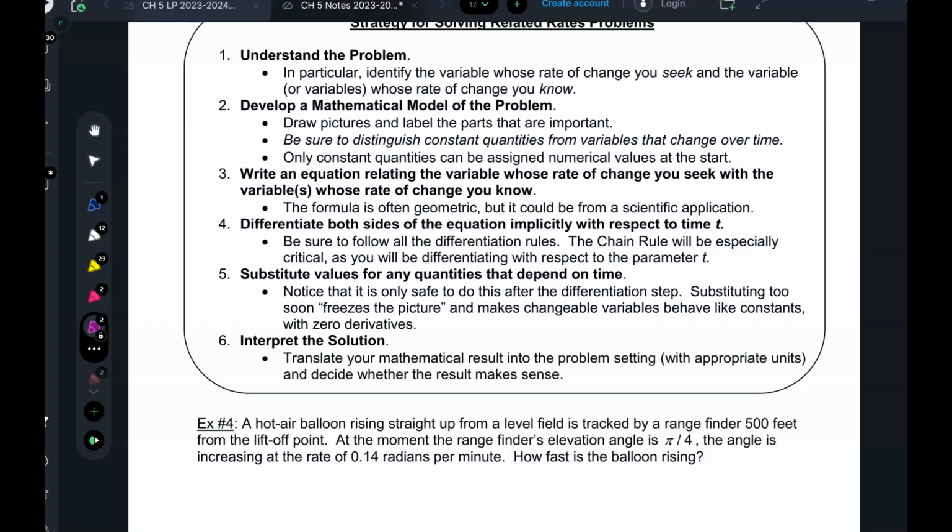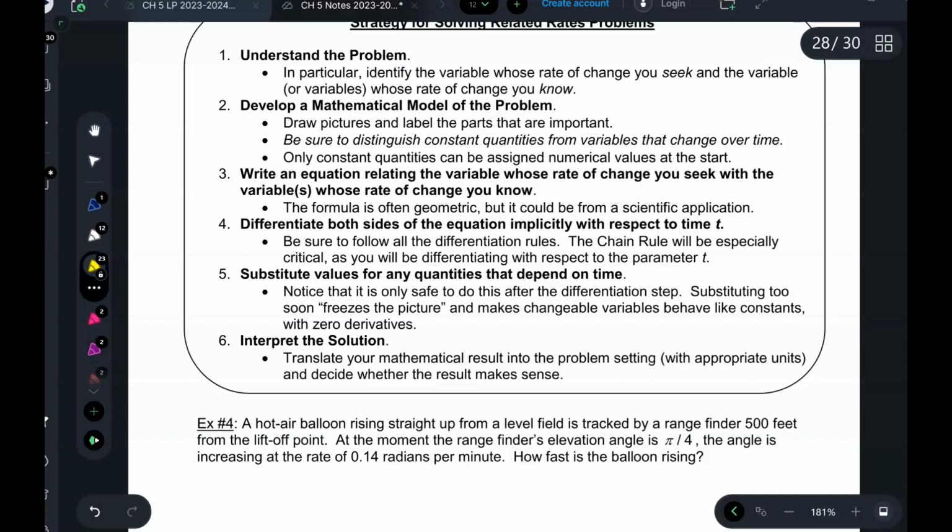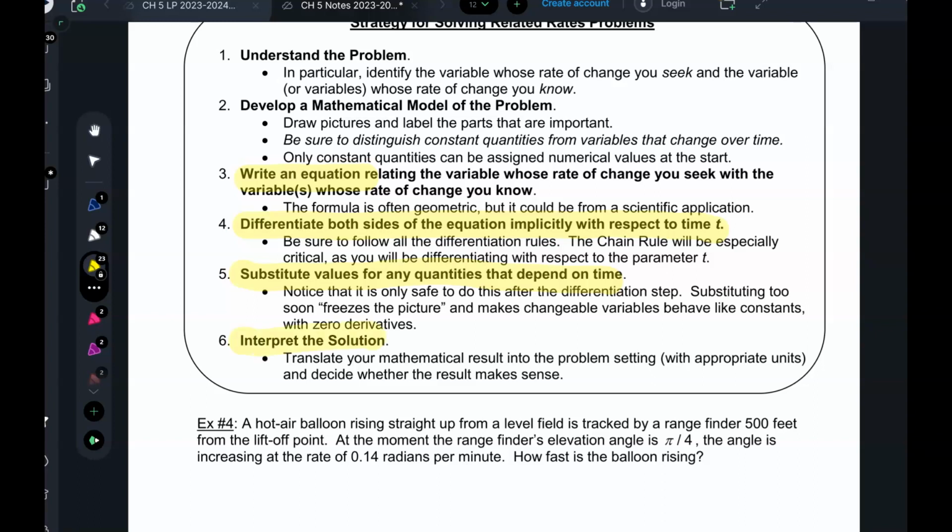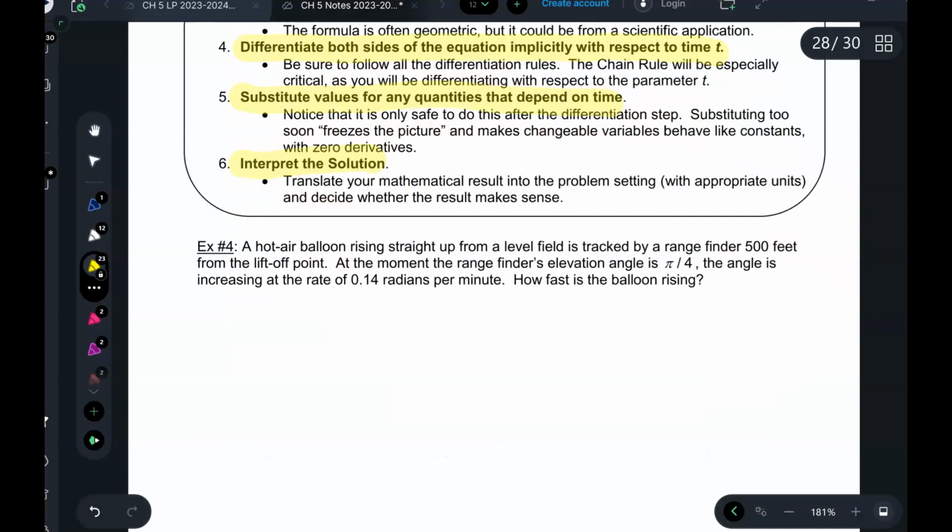Differentiate both sides implicitly with respect to time. Substitute any of the quantities and then interpret the solution. Sometimes I might ask you to interpret, not in full sentences, what that means in the context of the problem.